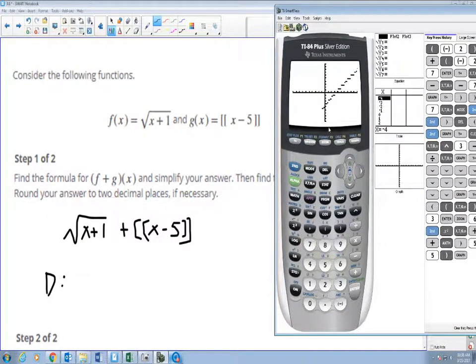So, what's going on? What does the minus 5 mean? I asked you to check this out with the greatest integer function before. The minus 5 tells us that the step function has been shifted over 5 places.